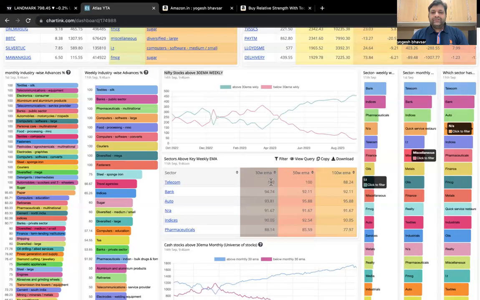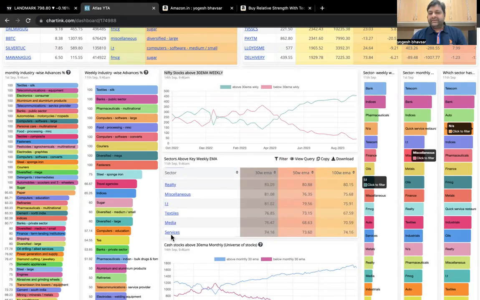So this shows the percentage of the stocks which are above these important EMAs. As the number increases, I understand that money is flowing into these sectors. And as the numbers decrease, I will come to know that money is coming out of that sector.